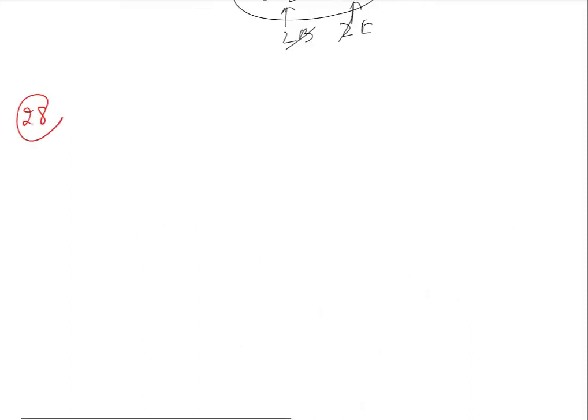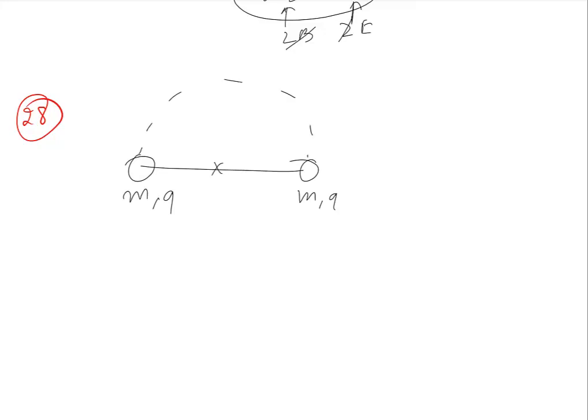Question number 28 says two particles each of mass m and charge q are made something like this: mass m, charge q, mass m, charge q, and it's rotated about its center like this. You have to find the ratio of magnetic moment of the system and its angular momentum of the system. So angular momentum of the system about this point O is pretty simple to calculate.